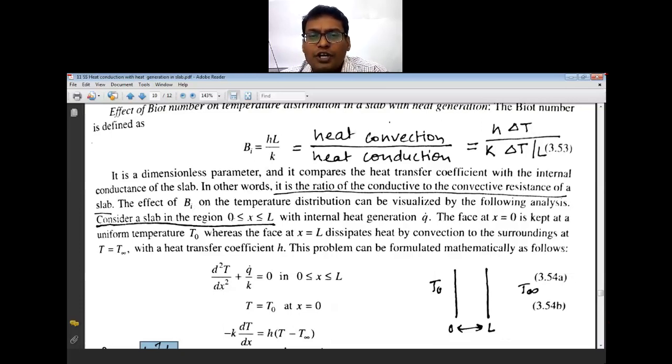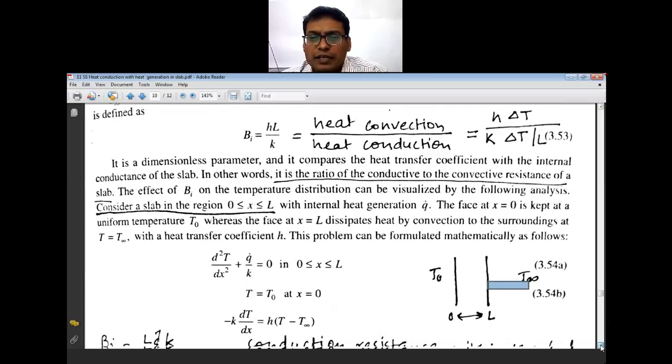So again consider a slab from 0 to L, at a distance x equals 0 and at a distance x equals L. The heat is dissipated by convection to the surrounding, from temperature T to T infinity, and h is the convective heat transfer coefficient.